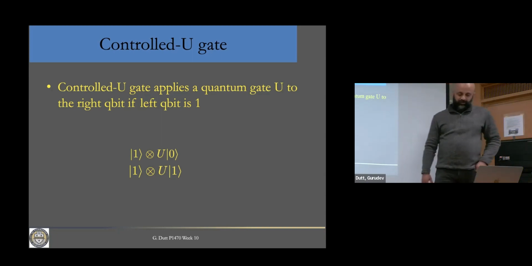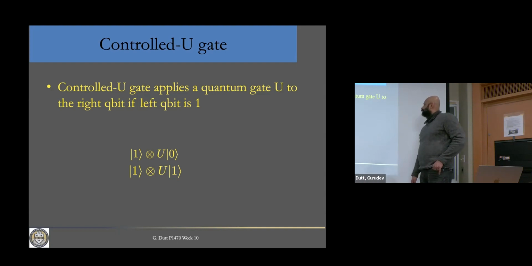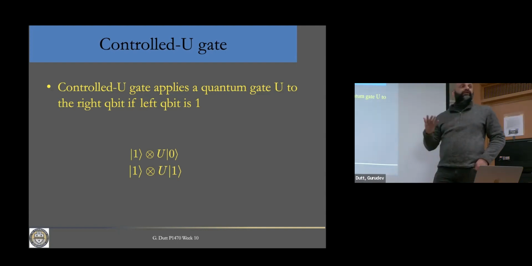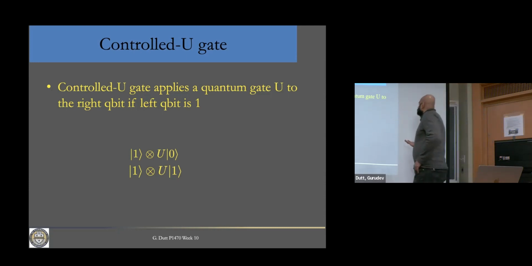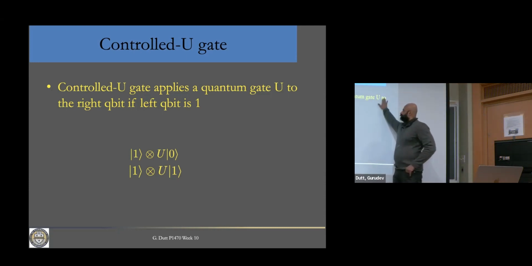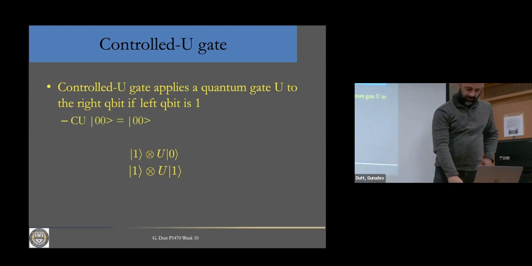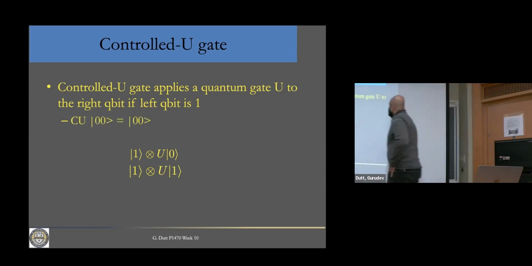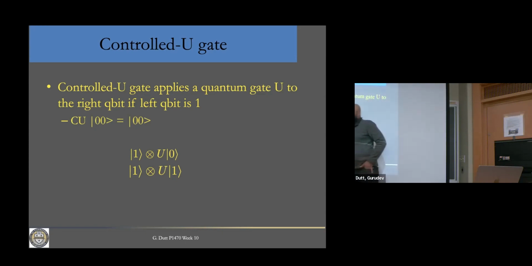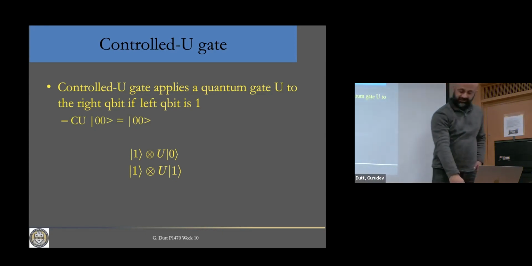Okay, so our next gate is called the controlled U gate. U can be any unitary operation on a single qubit. All of the unitary gates that we have learned earlier for single qubits simply become available now as a control gate, or control U gate. It applies the quantum gate U to the right qubit if the left qubit is 1. So, for example, CU acting on the state 00 will give me 00 because nothing has changed.